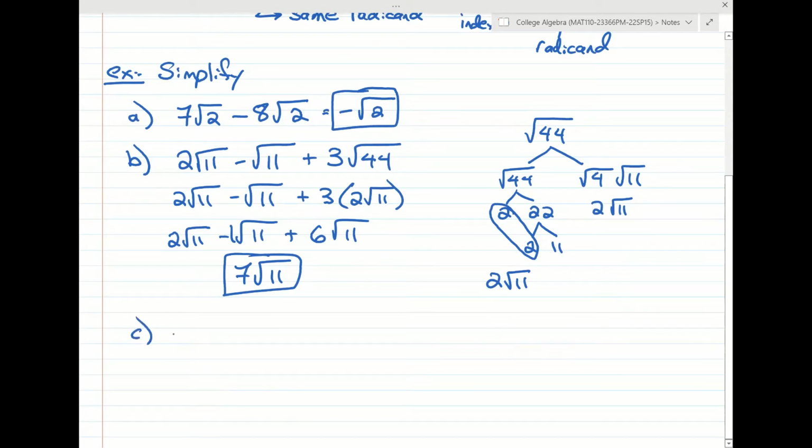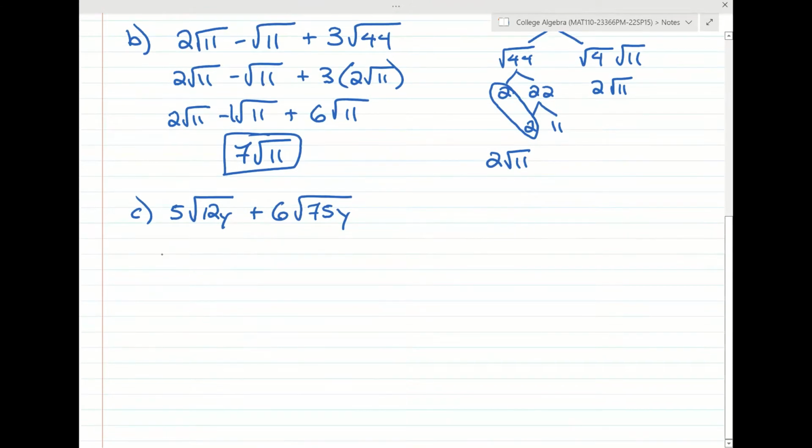What if we had 5 square root of 12y plus 6 square root of 75y? What we'd have to do is simplify first to get started.